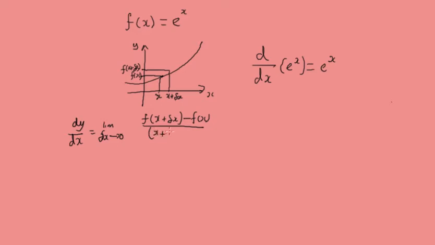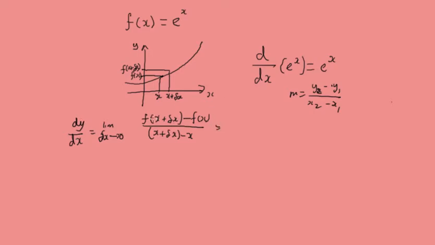So we're just using our little equation that we've always used to find the gradient, m equals y2 minus y1 over x2 minus x1. So this is our equation for the gradient, and our gradient is the same as the derivative.